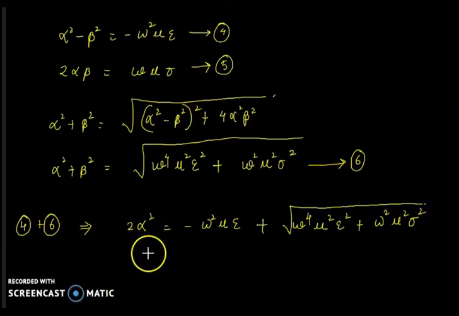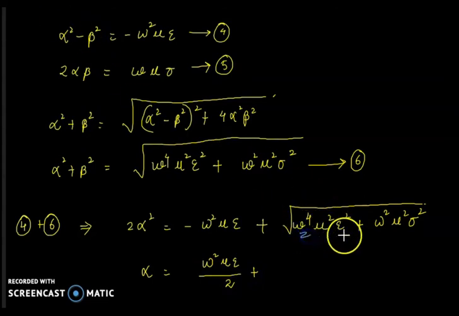So from this expression alpha is equal to omega square mu epsilon by 2 plus, here we can see there are some common terms. Omega square is a common term, mu square is a common term. So we can take out omega and mu, and also for simplicity we can take this out.